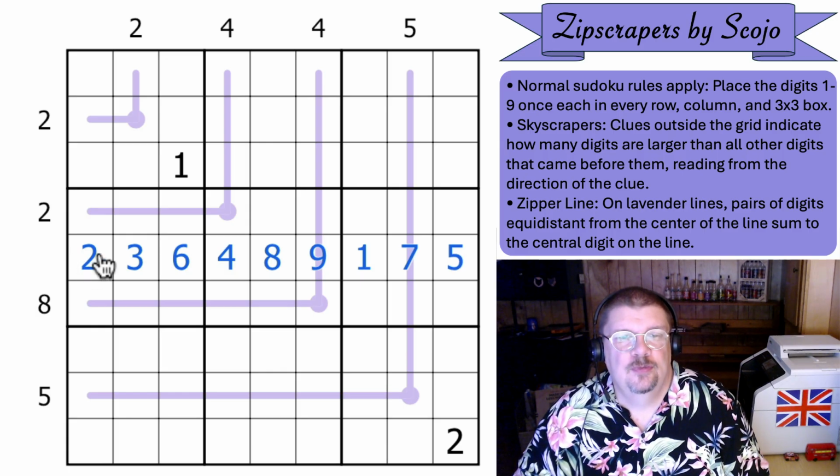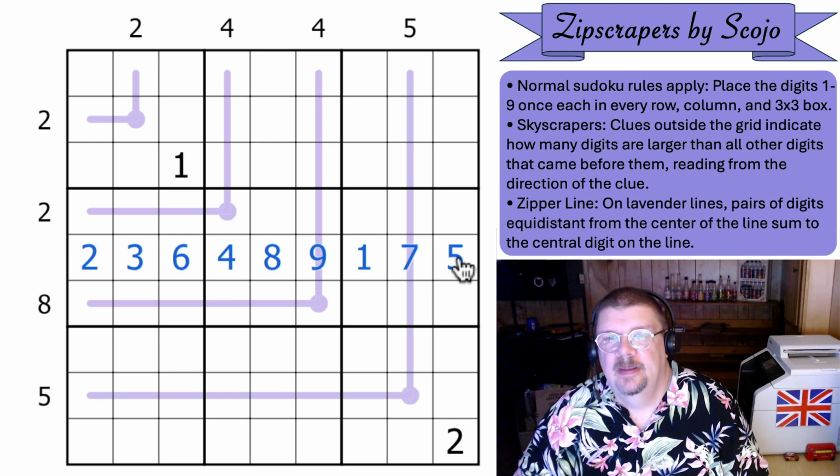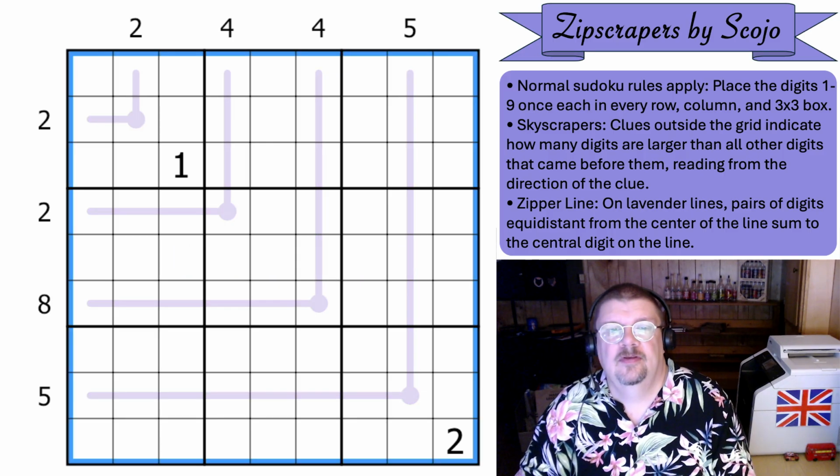So 2 is shorter than the 3, which is shorter than the 6, so we'd see all of those. 4 is shorter than the 6, so the 6 hides it, but then we would see the 8 and the 9. So again, we would get a 5 here. And then likewise over here, we'd see the 5, we'd see the 7, 1 would be hidden, and we would see the 9, so we'd get a 3 here. So that is how skyscraper clues work.